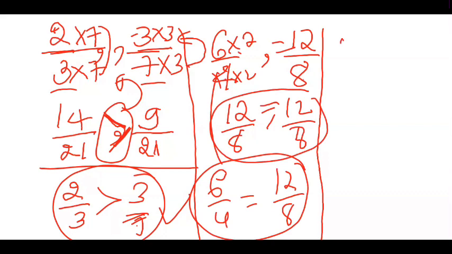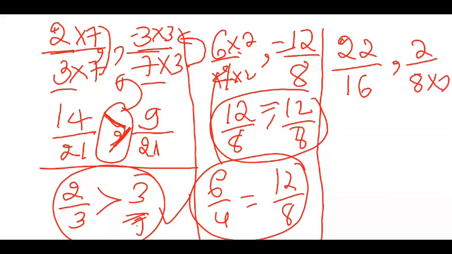So the next question, beta: 22 over 16 and 2 over 8. How would you do this? First, 8 times 2 is 16.